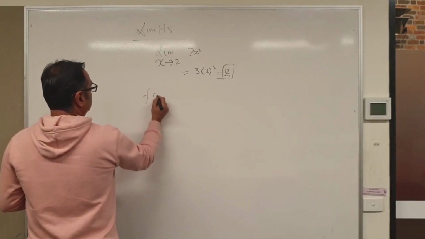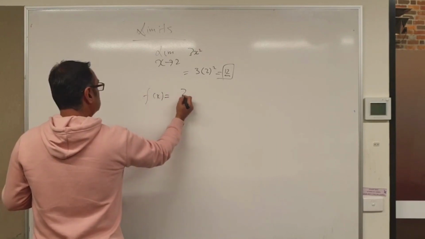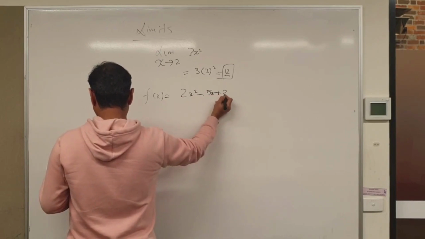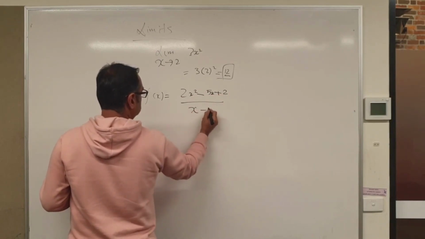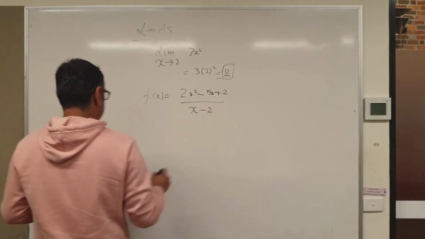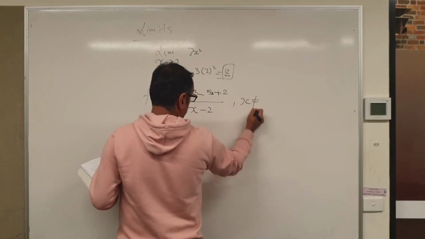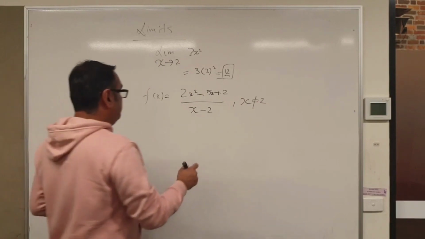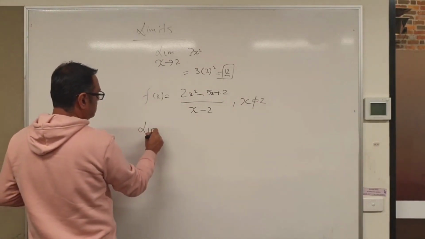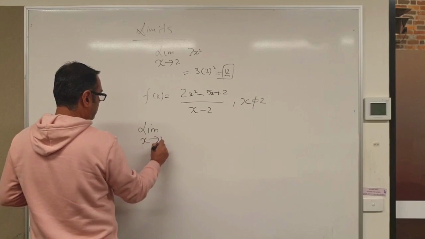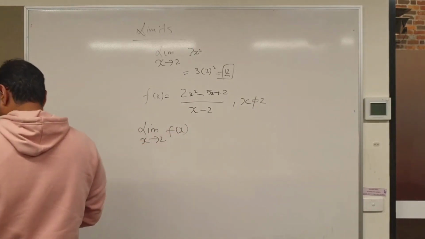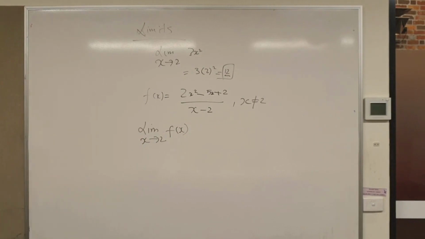Let's say your f of x is 2x squared minus 5x plus 2 over x minus 2. And I say my x cannot be 2 because that is where the function is not defined. Can you find the limit as x approaches 2 of f of x? What will happen in this case?